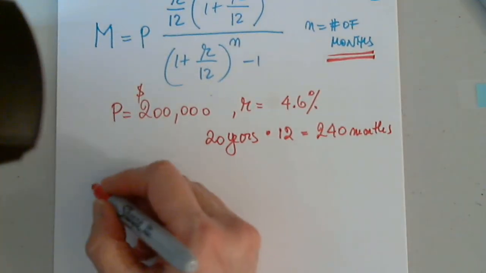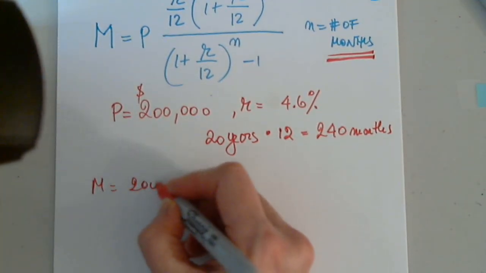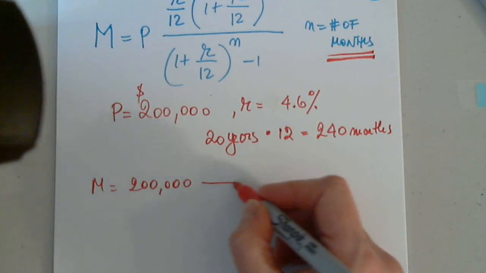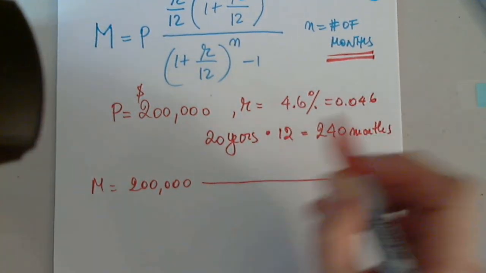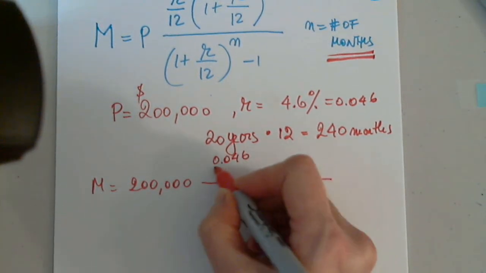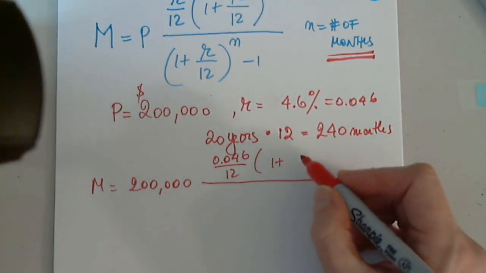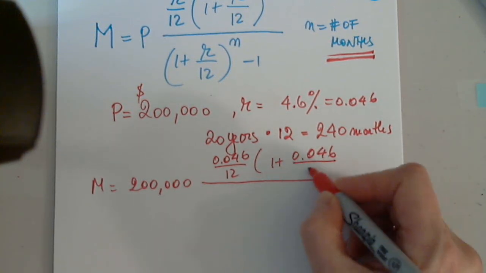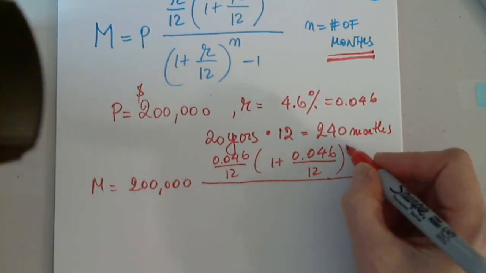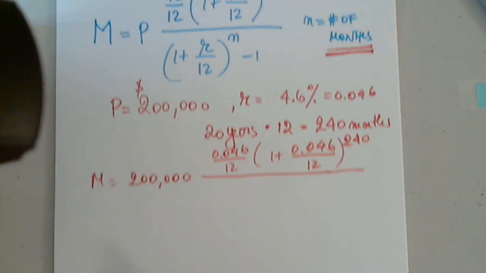So let's enter everything in the formula. So we have 200,000. R is, of course, 0.046. 0.046 divided by 12 and 1 plus 0.046 divided by 12 to the power of 240 months.